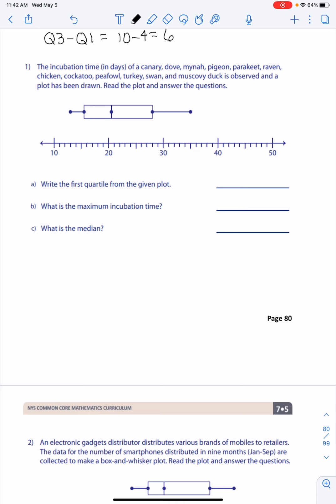Read the plot and answer the questions. So here is our box plot. Notice I draw lines so I know what I'm looking at.